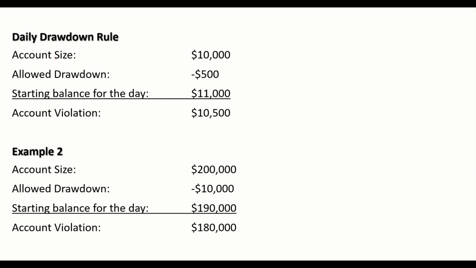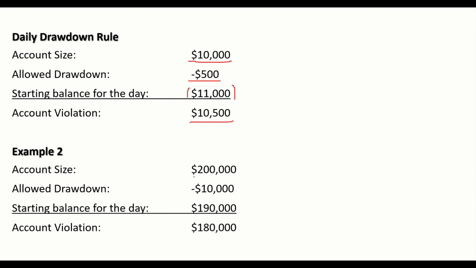Just to go over the basics, assuming your account size is 10,000 USD, then your allowed drawdown will be $500. So assuming that you start the day at 11,000, then your account for that day should not go below 10,500. So this is just the basics.